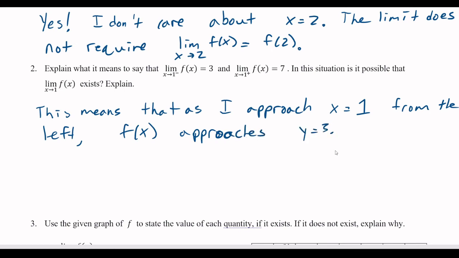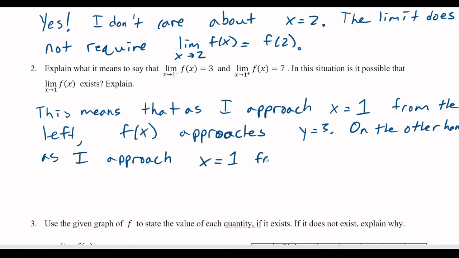On the other hand, as I approach x equals 1 from the right, that's the plus sign here, from the right, f of x actually goes up to 7. F of x approaches, this word here, remember, is very important, approaches y equals 7.